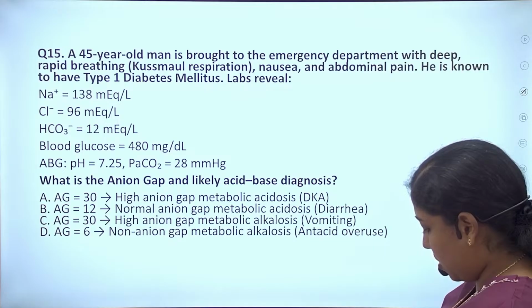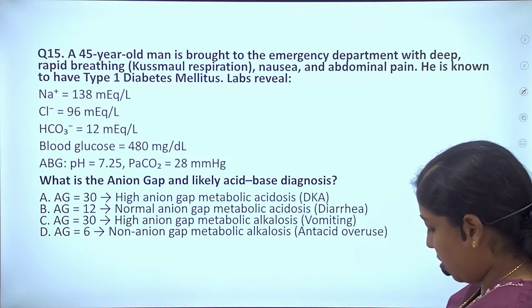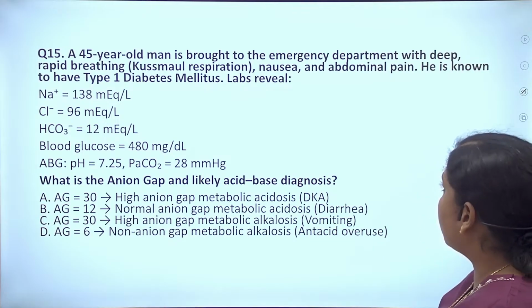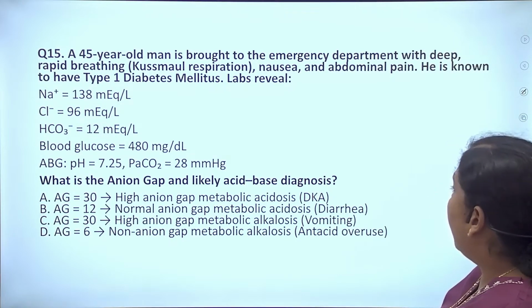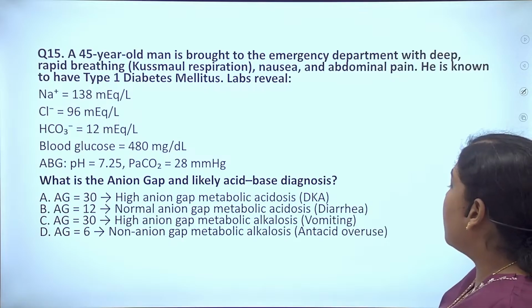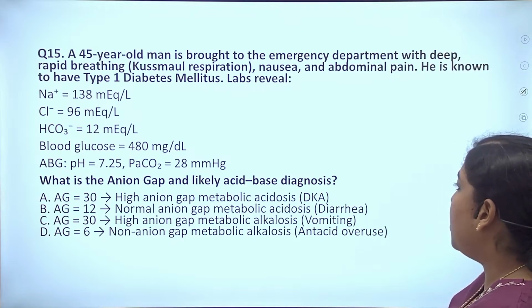Blood glucose is 480 milligram per dl, and the ABG pH is 7.25, PaCO2 is 28 mm of Hg.